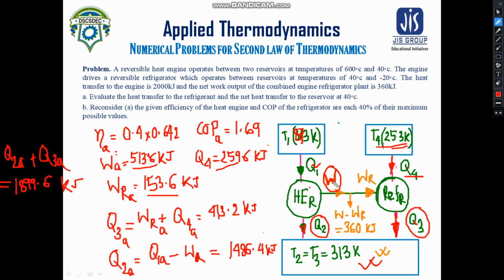Then we found the value of W. Then after following the relationship of W minus WR equal to 360 kilojoule, we found the value of WR. After finding WR, we know that this WR and this Q4 are related by the formula of COP. So after calculating COP, we just calculated Q4. So when we were able to find the values of Q4 and WR, we found out the value of Q3.